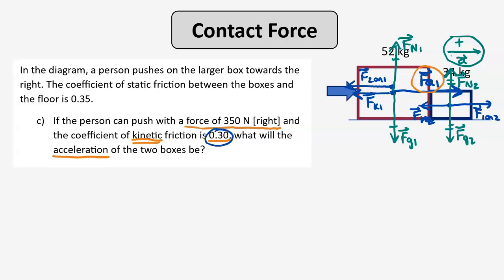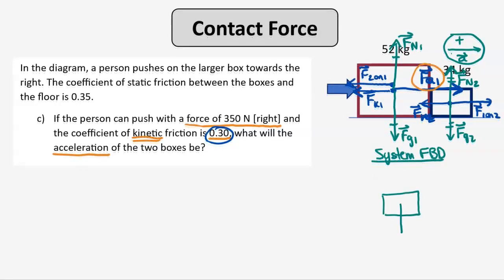So there we go. Our free body diagrams look like that. And what we want to do, because we're talking about the acceleration of the 2 boxes, we're going to draw a system free body diagram. All the masses combined, in this case the 2 masses combined. So we have a force of gravity acting down on these two boxes, the force of gravity total, which is going to be equal and opposite to the normal force that's acting upwards on those two boxes, so the normal force total.